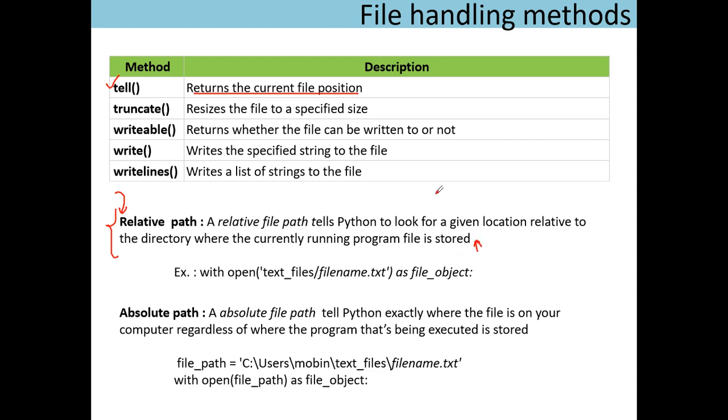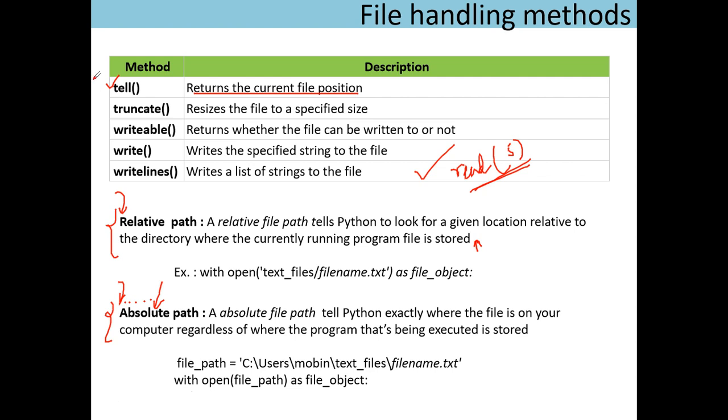But you can use the read command in this pattern too: read, and inside that you put say 5. What will happen in this case? Suppose this is the content. Initially when you open the file, the file pointer will point to this location. Now if you perform read 5, it will read 5 bytes, 1 2 3 4 5, so the file pointer will point to this position.